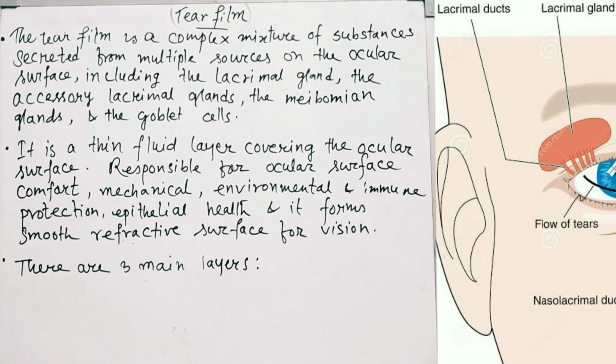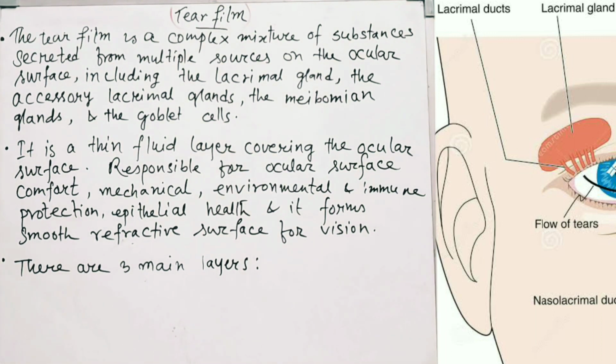The tears are made up of water, electrolytes, proteins, lipids, and mucins that form a layer on the surface of the eyes. In today's video, we'll go through the different layers of the tear film.